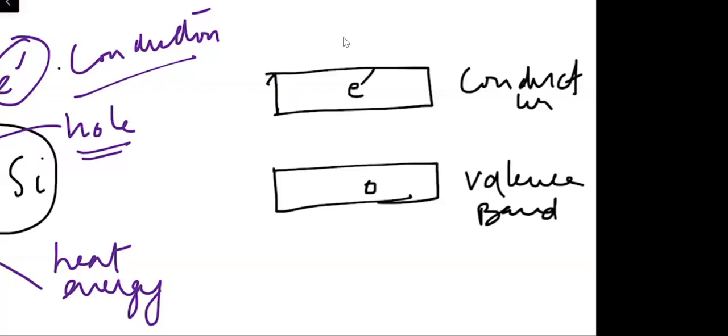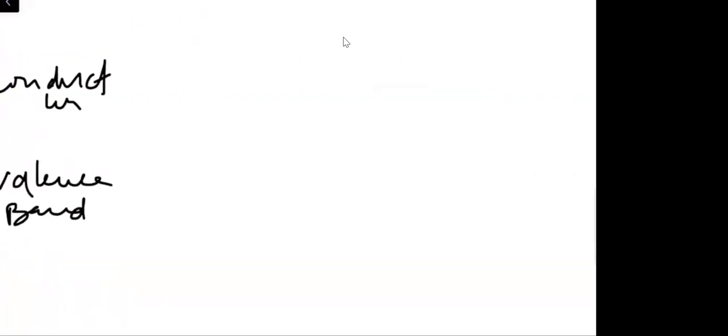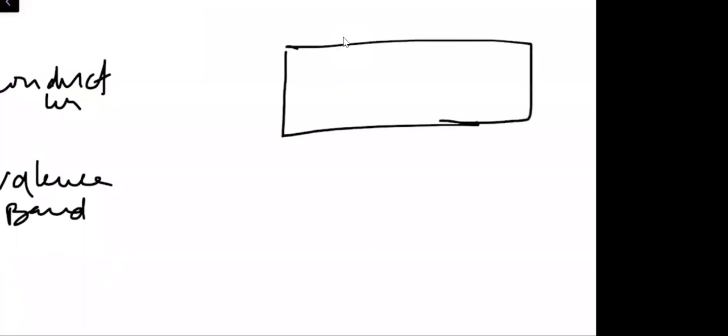If we take this pure intrinsic semiconductor, let's suppose we have this piece of intrinsic semiconductor with Si, Si, Si, Si, Si, Si. These are silicon atoms.